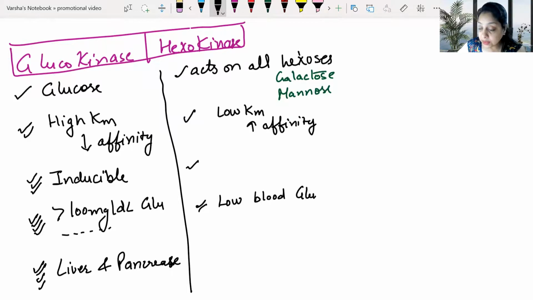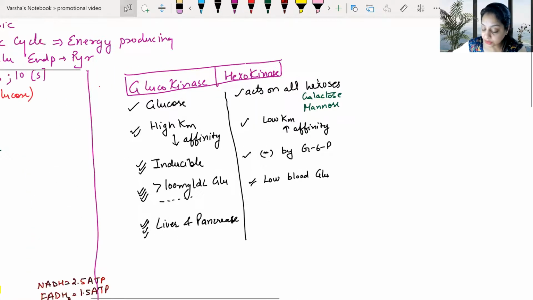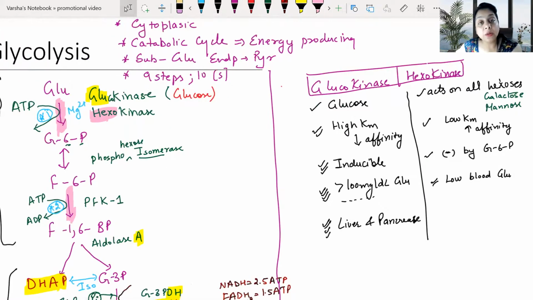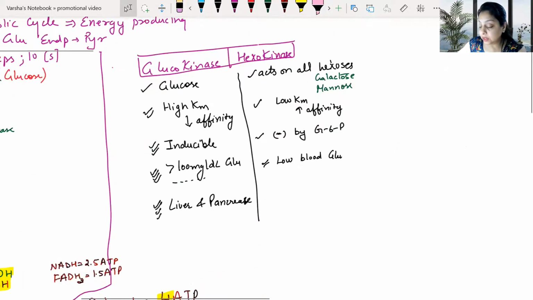And it is inhibited by glucose 6-phosphate. What is glucose 6-phosphate? Go back to the cycle and see: we are converting glucose into glucose 6-phosphate, so that is a product. The product inhibits the enzyme itself.